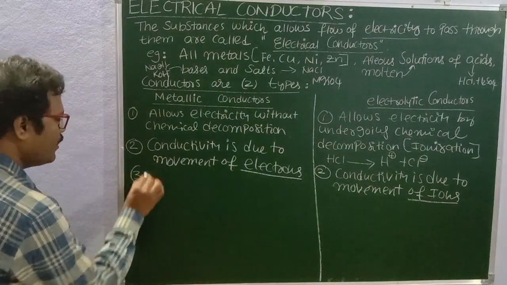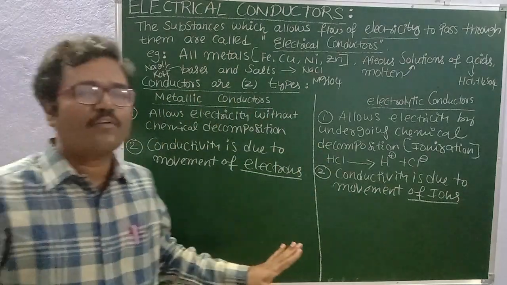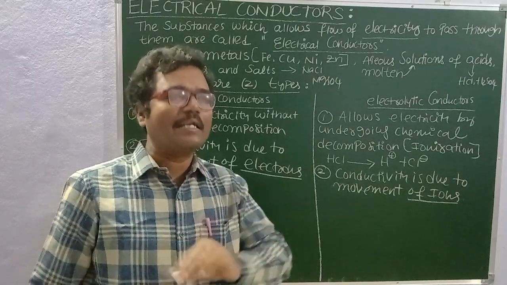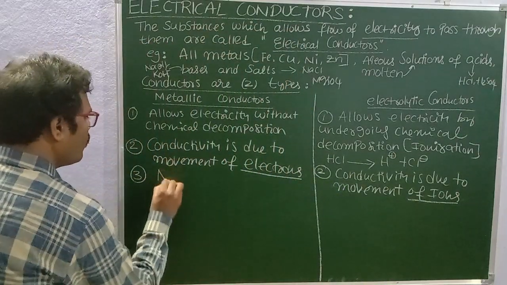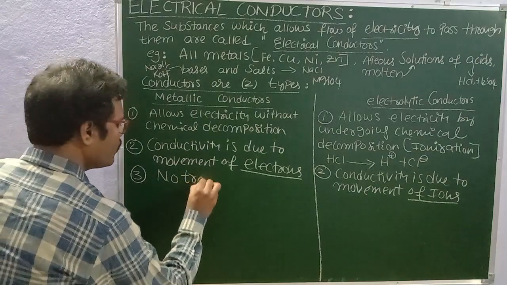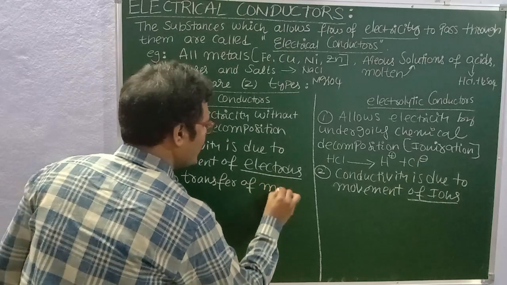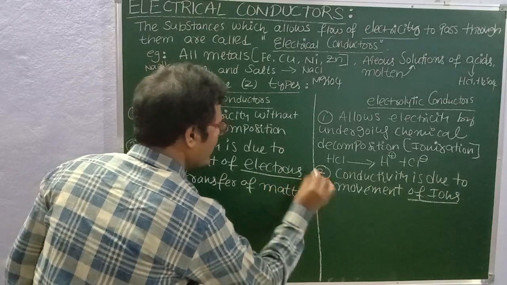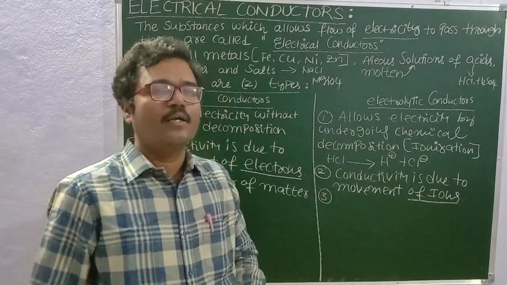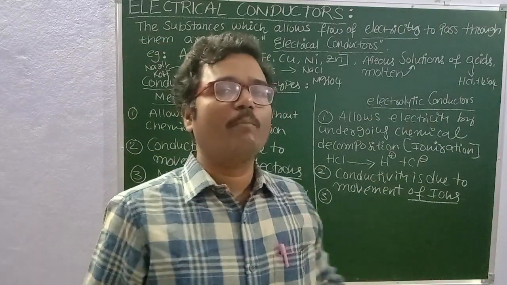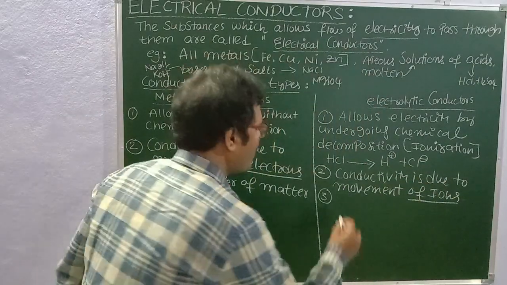Then in metallic conductors, there is no transfer of matter during the entire time of passage of electricity. Whereas in electrolytic conductors, they will allow electricity by undergoing transfer of matter.